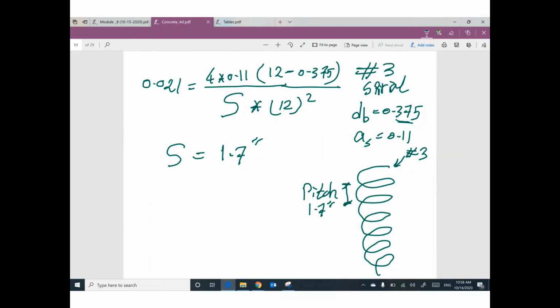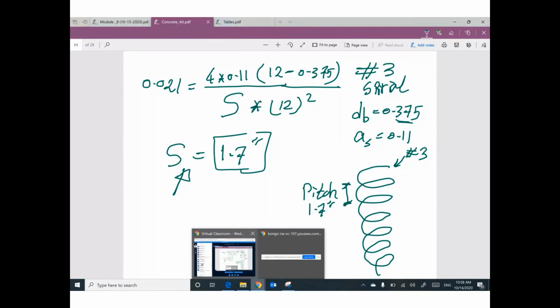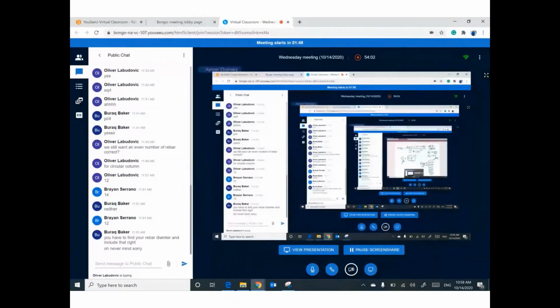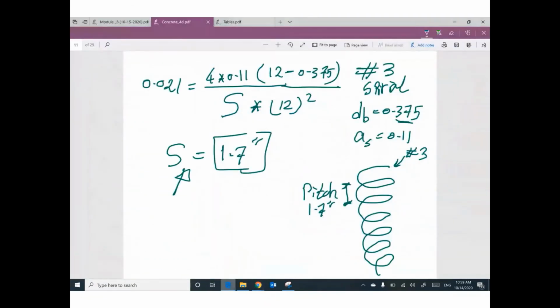If you would like to make this pitch or this spacing bigger, what should I do? If you feel 1.7 inch is very small, what should I do? Guys, what should I do? Okay, try another size, number 4.